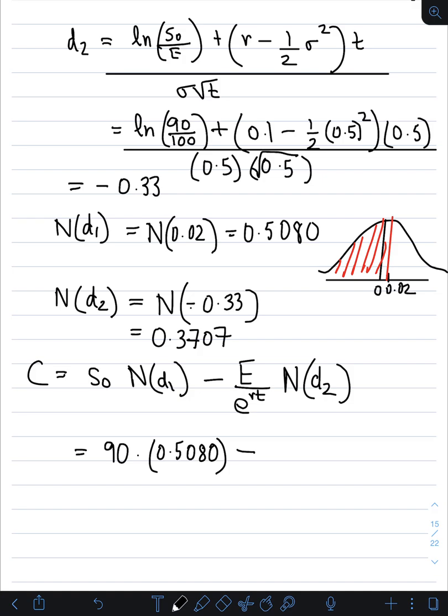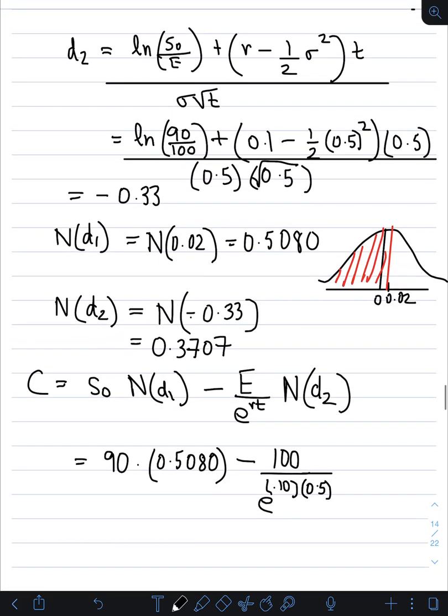Minus E, the exercise price, which is 100, divided by the exponent function, which is about 2.7, to the power 0.1 times 0.5, and then we multiply that by N of D2, which is 0.3707.